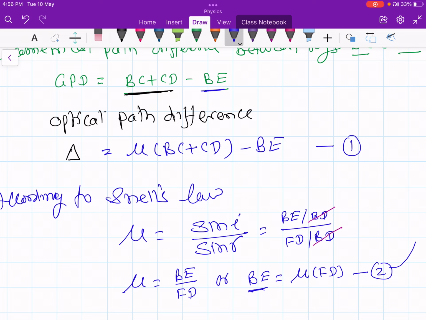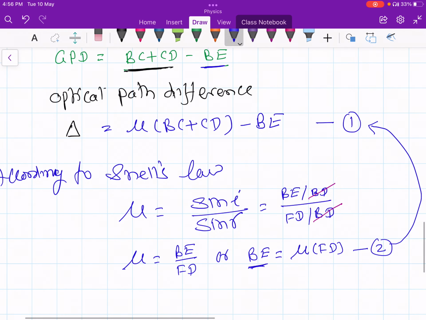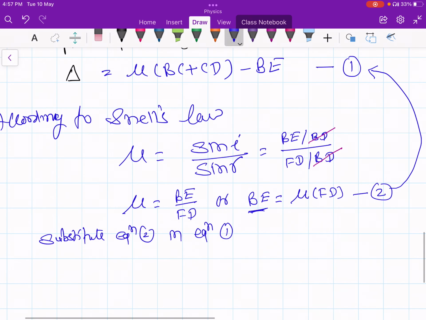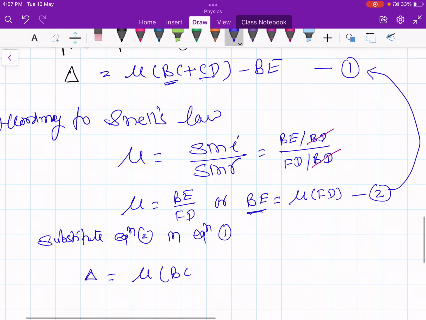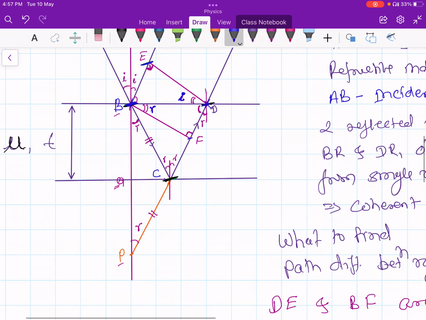Then let us substitute equation 2 in equation 1. Then you get optical path difference delta is equal to mu times (BC plus CD) minus BE. But CD I will replace. This is point C and this is point D over here.